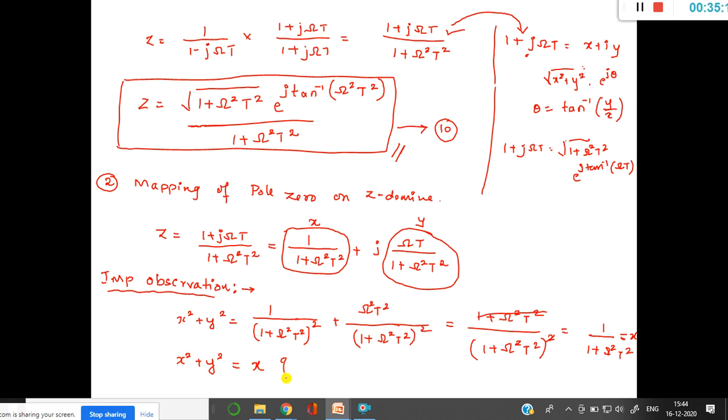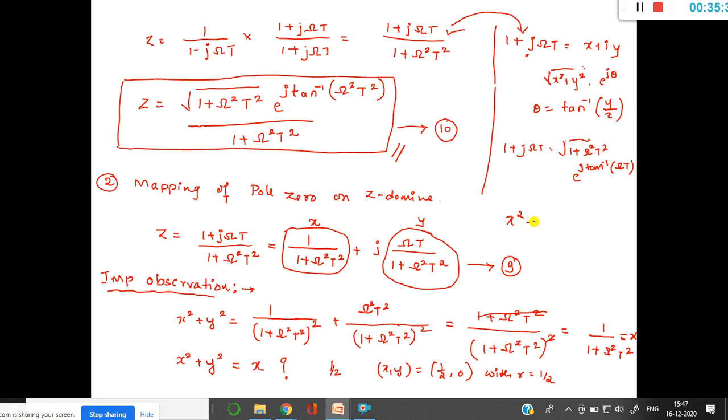What is this equation? Can anyone tell me? Once again, I request you to concentrate on this equation. From equation 9 we took this: this is x and this is y.